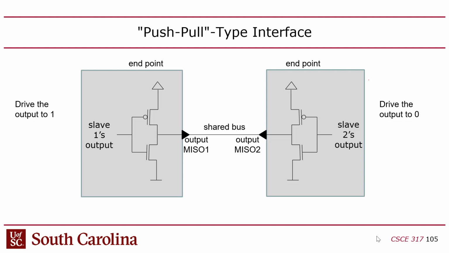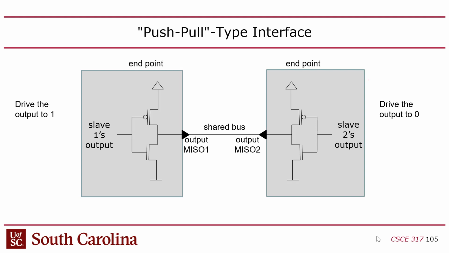You short that wire to VDD. And if you want to send a 0 out on MISO, you turn off the PMOS, turn on the NMOS, and pull that wire down. When I say pull, it means the transistors electrically short the wire to 0. Drive it to 0, right?